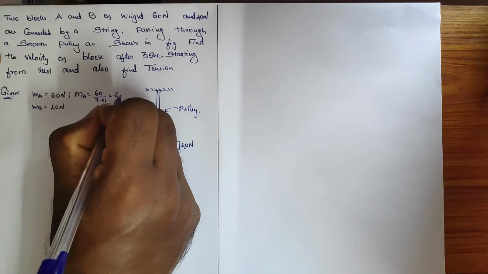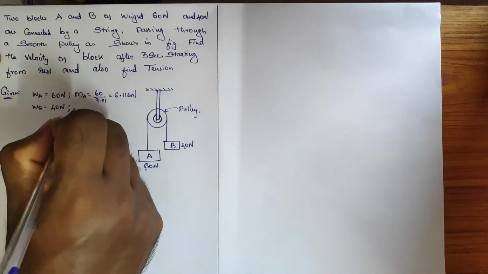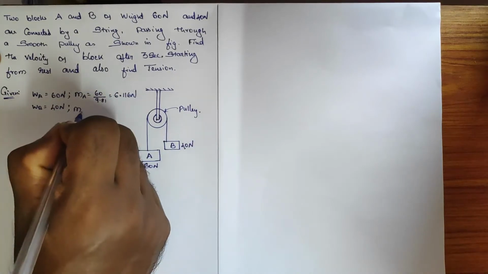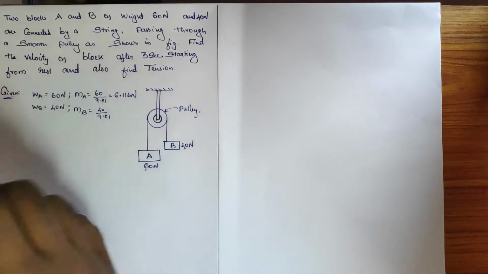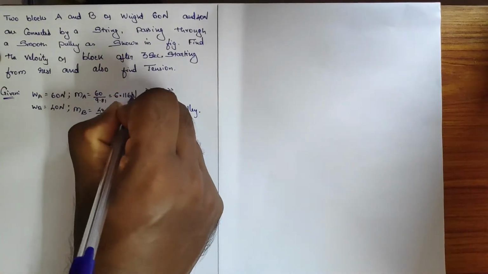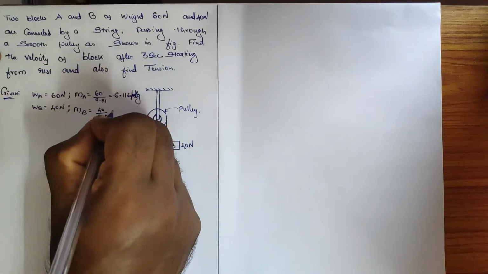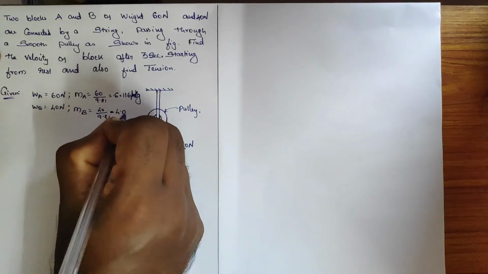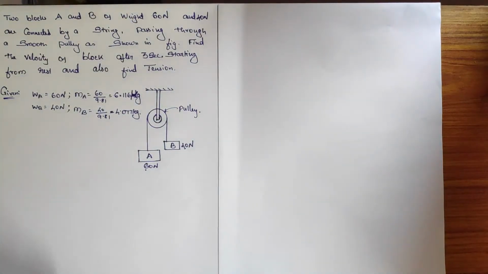So here you get 6.116 kg. And if you take the mass of B, then 40 divided by 9.81, we are just converting it into kg. So here you get 4.077 kg.